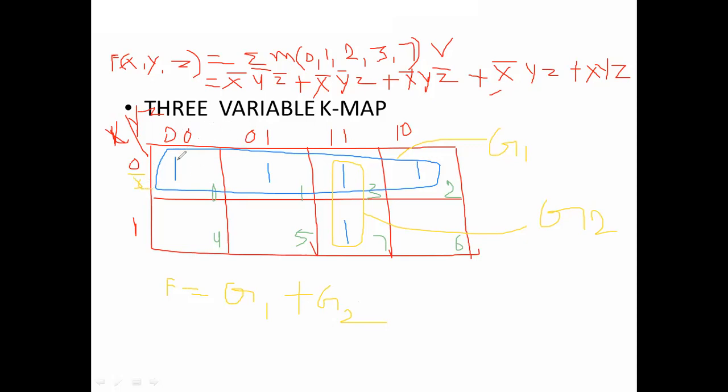This group has 0 0, 0 1, 1 1, 1 0. Here all the combinations are covered. Whenever all the combinations are covered, that will be taken as 1. Why? Here this will be taken as y bar z bar.